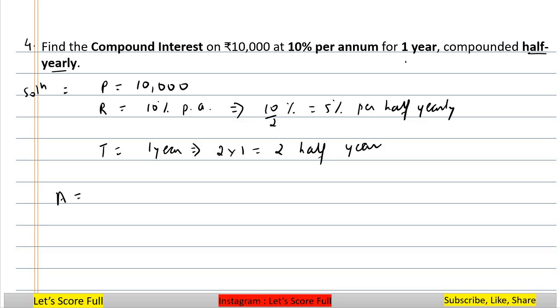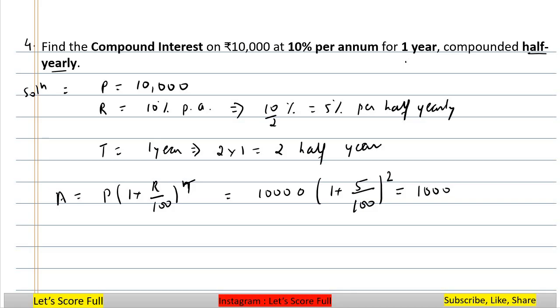Amount is equal to principal times 1 plus R by 100 raised to T. So the principal is 10,000. The rate of interest, because the compounding period is half yearly, is 5 upon 100, and the compounding period is 2. So 10,000, do the cutting, 1 plus 1 over 20, take LCM. After LCM it is 21 by 20 squared.